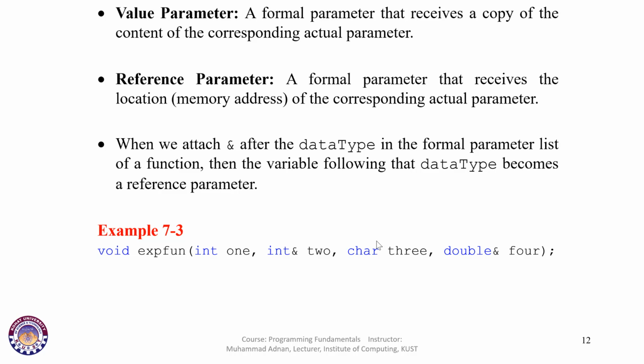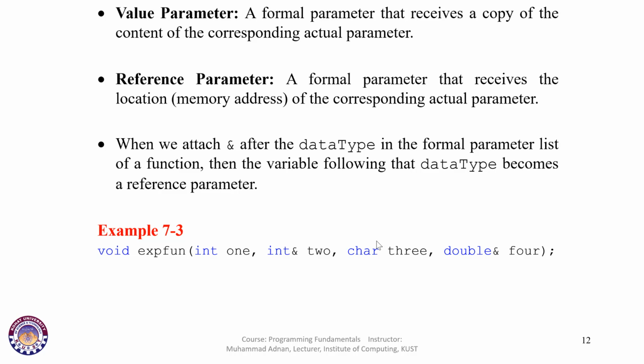So in the first case, a formal parameter receives a copy of the content of the corresponding actual parameter, whereas in the reference parameter case, a formal parameter receives the location or the memory address of the corresponding actual parameter. When we attach an ampersand sign after the data type in the formal parameter list of a function, the variable following the data type becomes a reference variable or a reference parameter.